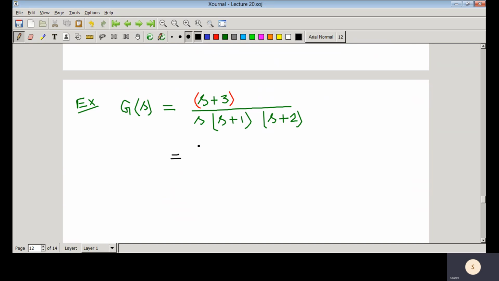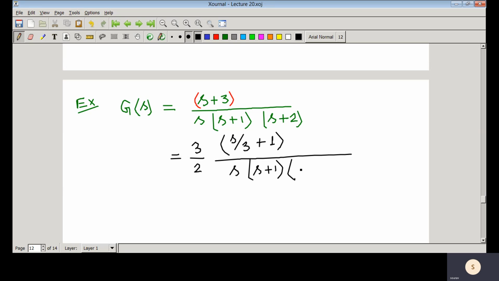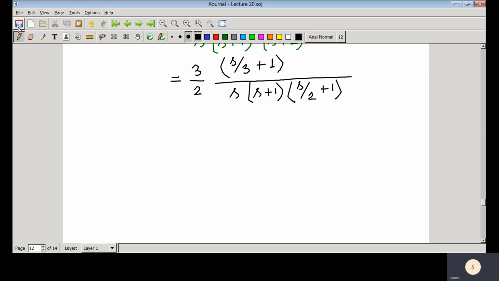So if you take that 3 common here, and in this case if you take 2 common, so that would be 3 times (s by 3 plus 1), and here you have that s, then (s plus 1), and here you have (s by 2 plus 1). So then we can just apply the concept that you have learned, that what would be the Bode plot here.